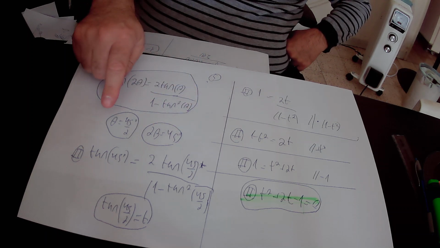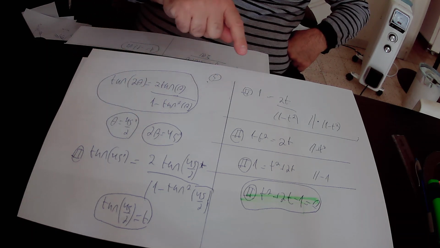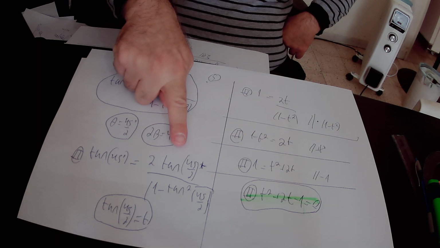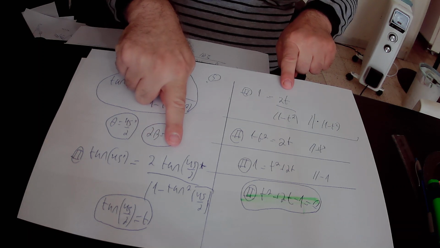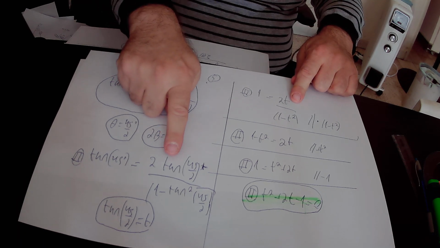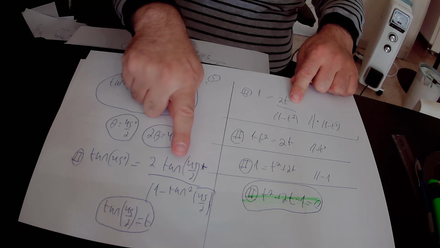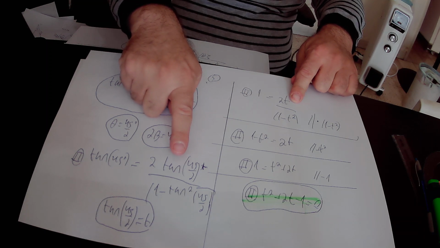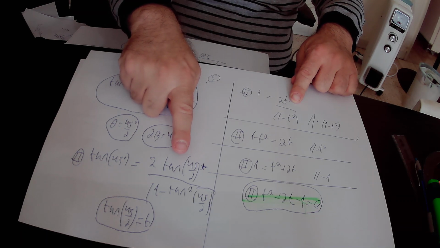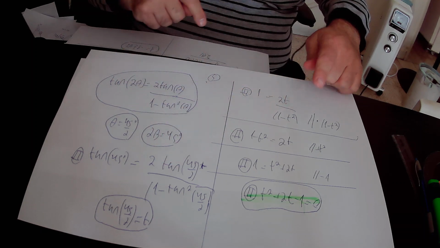Tangent 45 degrees is 1, and it equals 2t over 1 minus tangent square 45 over 2 degrees. If tangent 45 over 2 degrees is t, then its square is t square. So in the denominator we have 1 minus t square.